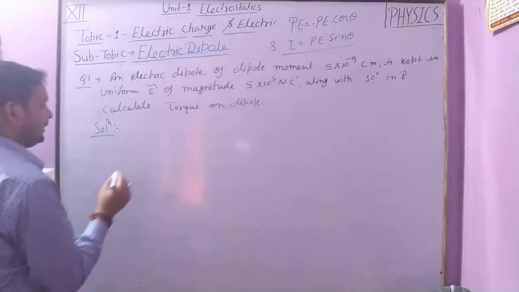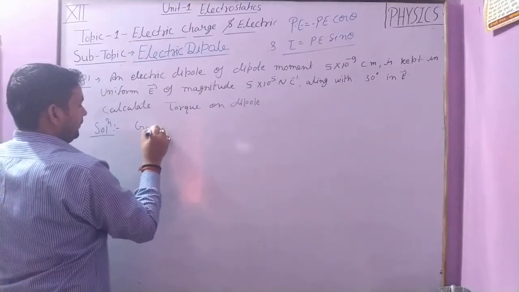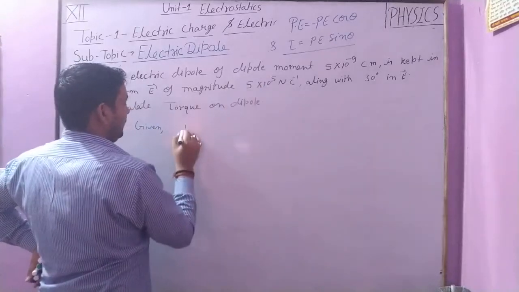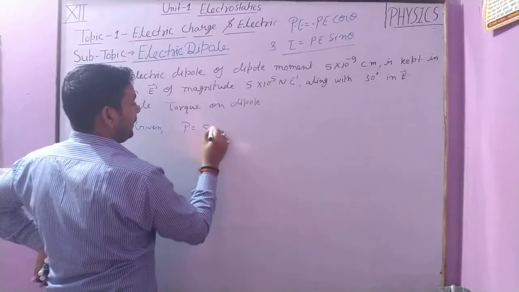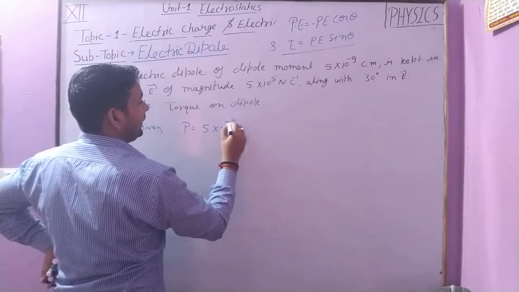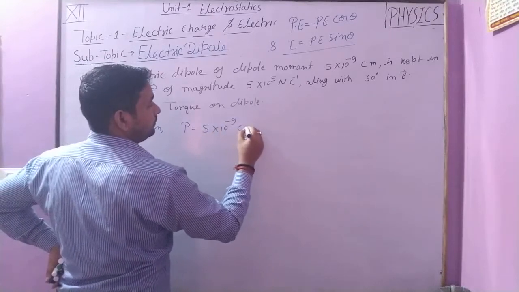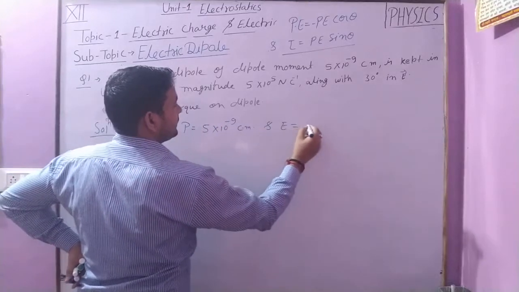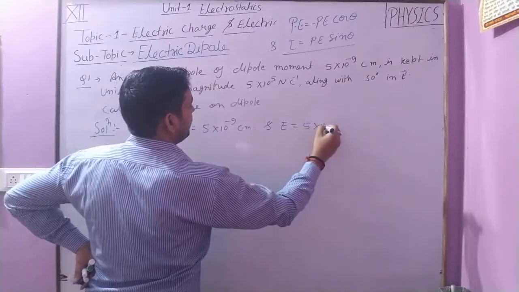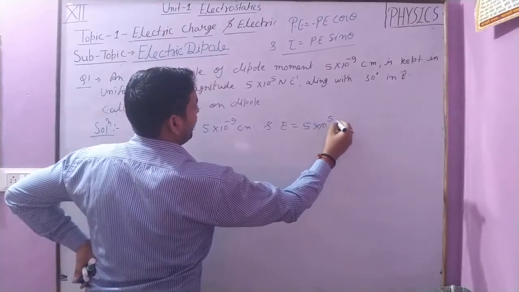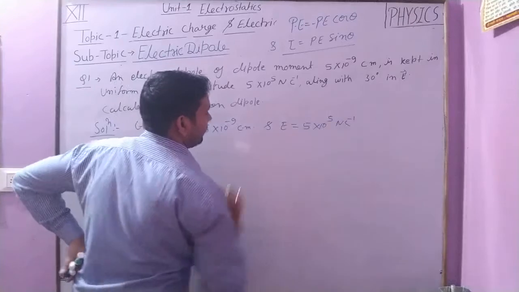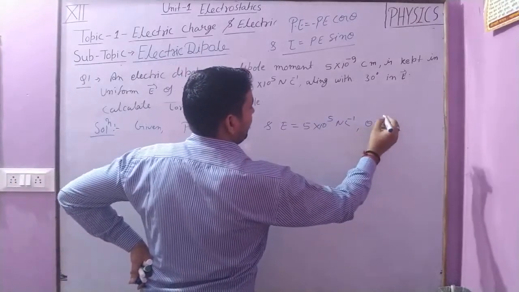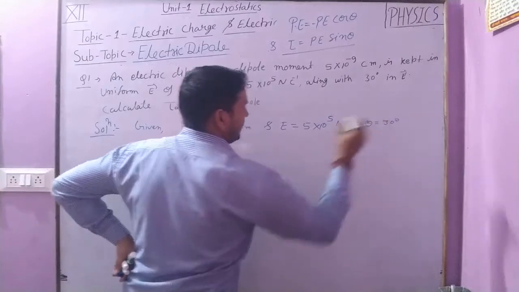Given in the question, dipole moment P is equal to 5 into 10 to the power minus 9 coulomb meter, electric field is 5 into 10 to the power 5 Newton per Coulomb, and the angle between P and E is 30 degree.